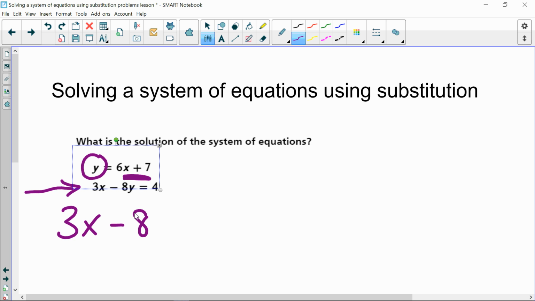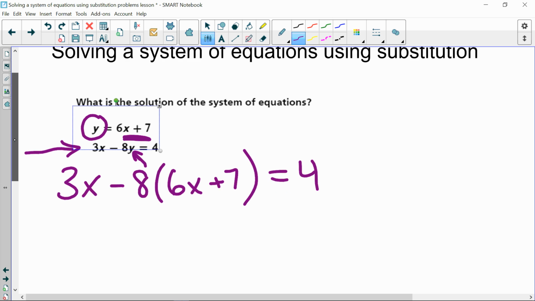And I can say, okay, instead of that y right here, I'm going to replace it with 6x plus 7, because I know that's the same thing as y. Again, it's like saying, instead of having $1, I'm going to put in 4 quarters. So now the 4 doesn't go away, like I said. Now we just need to do the math.